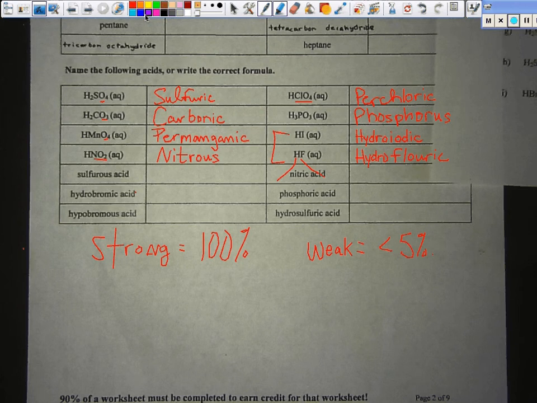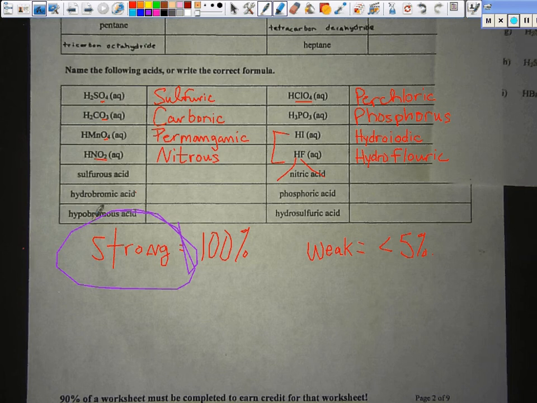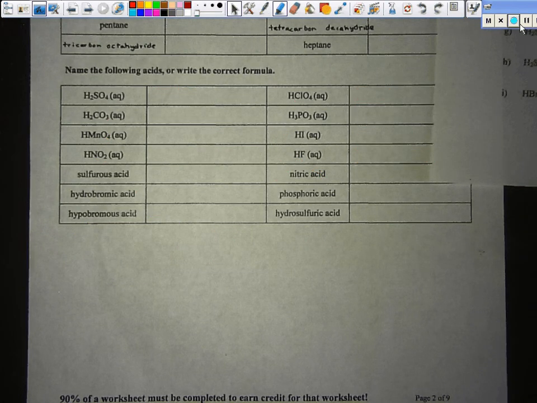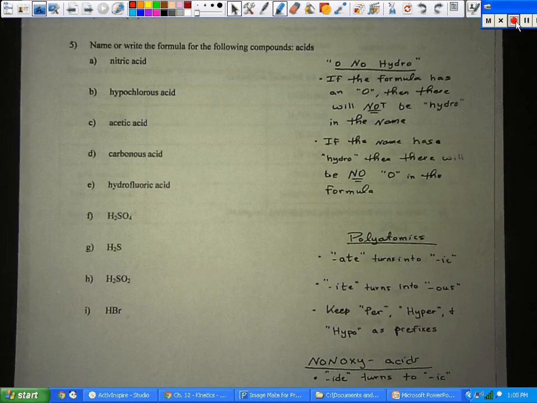Okay, let's go back to the other sheet. And this time, let's take the names and go to the formulas. Now this time we have to kind of do a little bit of thinking. We have to kind of go backwards in terms of what's going on. We have to figure out charges based on suffixes. What is nitric? Okay.